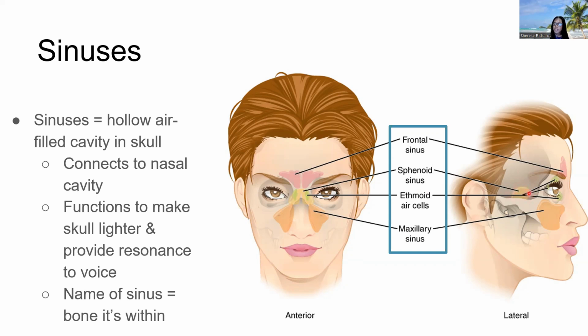And these are sort of deeper in the sphenoid bone. Lastly, there are the ethmoid air cells, which are much tinier or much smaller air spaces that are found within the ethmoid bone. So they have a similar function as the air sinuses, but they're really tiny spaces that are found in the ethmoid bone.